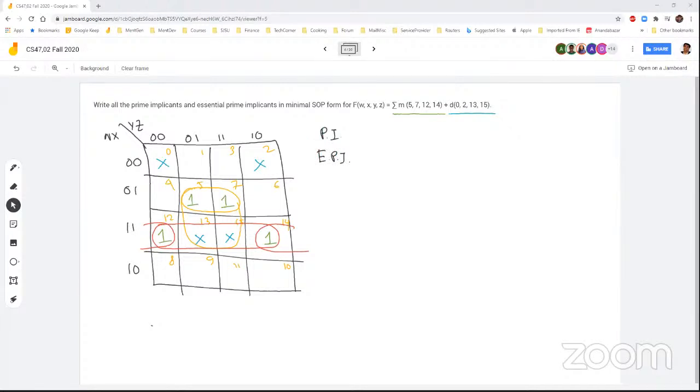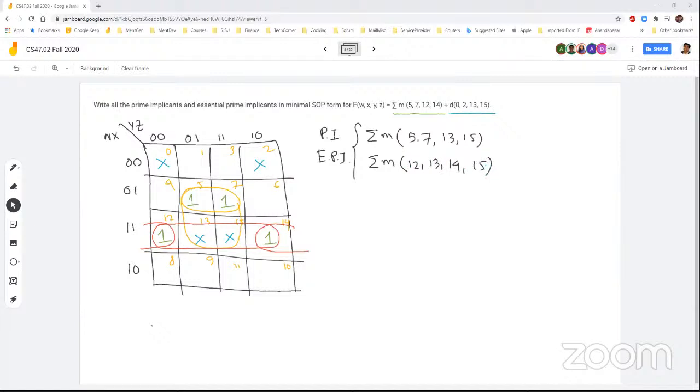So it would become sigma m 5, 7, 13, 15. That is one choice. And another prime implicant and essential prime implicant would be 12, 13, 14, 15.